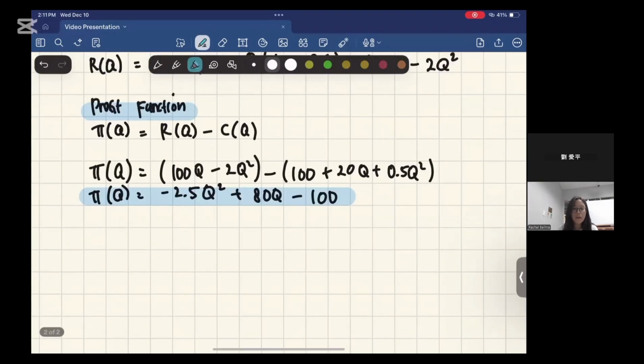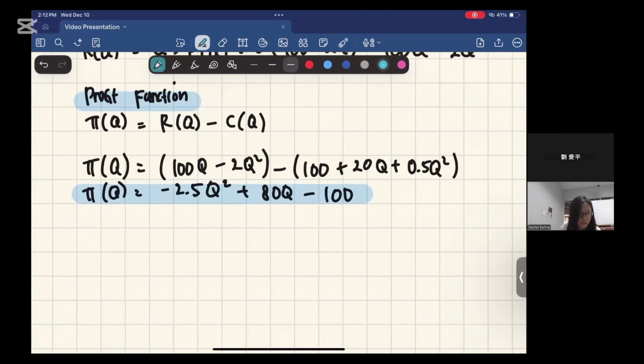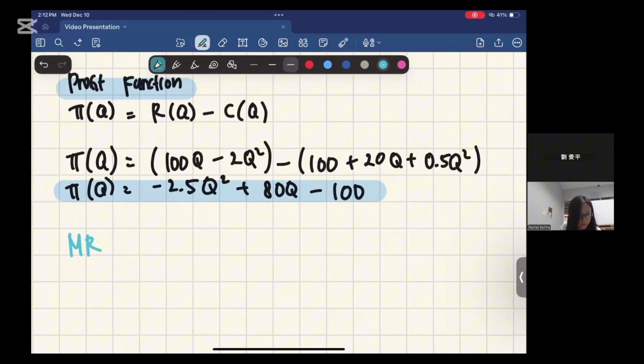So now we need to find the derivatives we need, which are the marginal revenue and also the marginal cost.